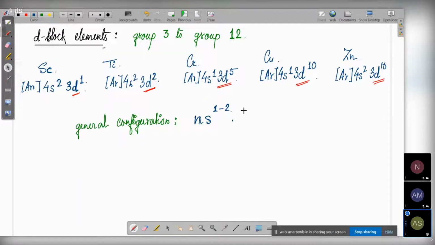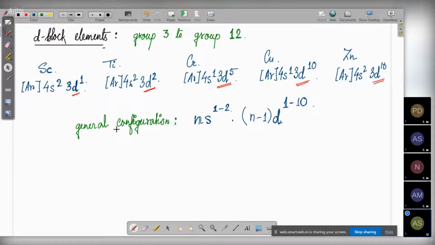And for the d orbital, it will be n minus 1. It was 4s, so 4 minus 1 is 3, that is 3d. The number of electrons in the d orbital is going to be between 1 to 10. So this is the general configuration.